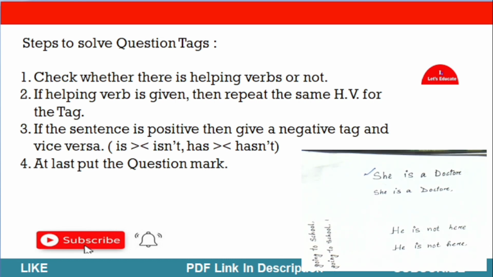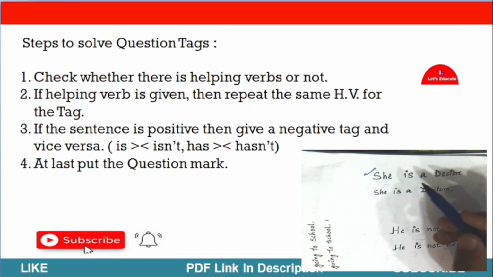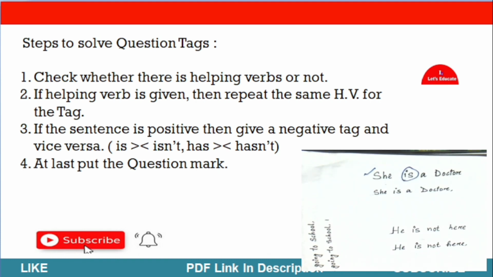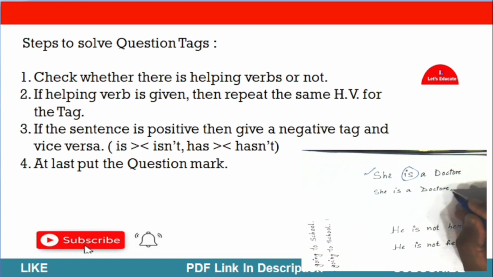Same thing, we'll be checking whether there is a helping verb or not. In this case also there is one helping verb, is. Then the number 2 point, if the helping verb is given, then repeat the same helping verb for the tag. I will be repeating the same helping verb after putting the comma.